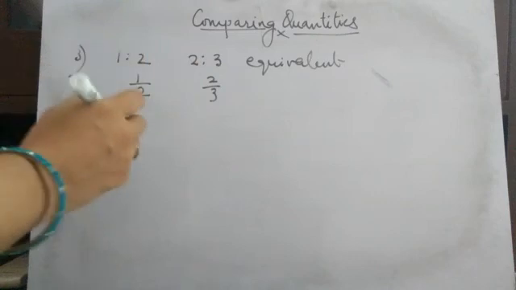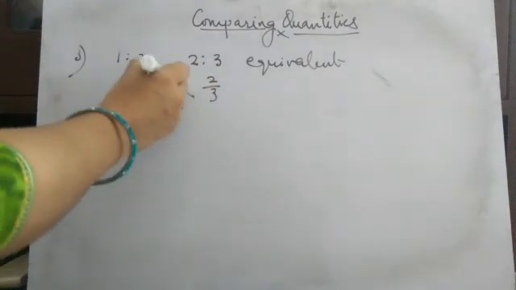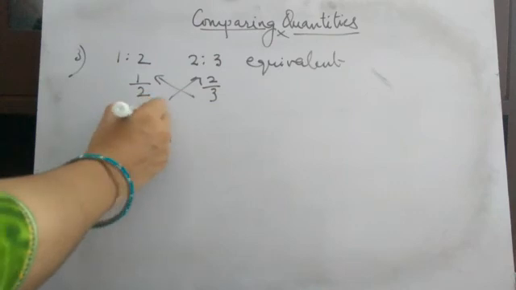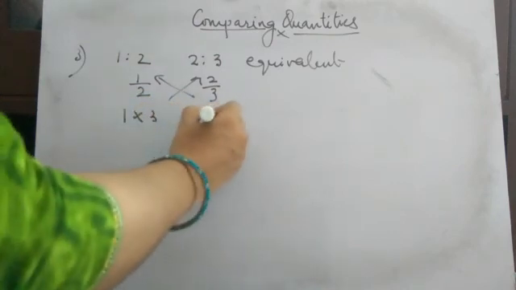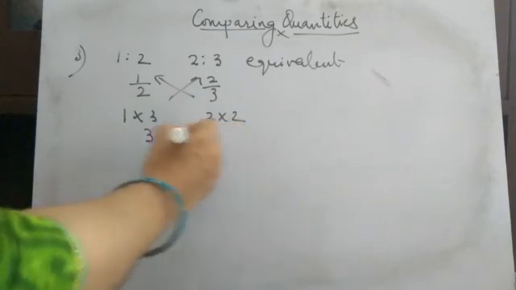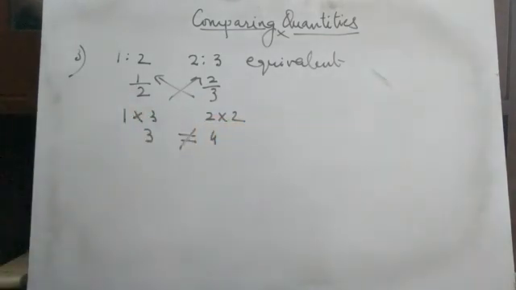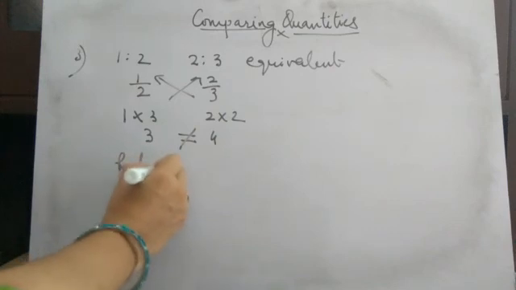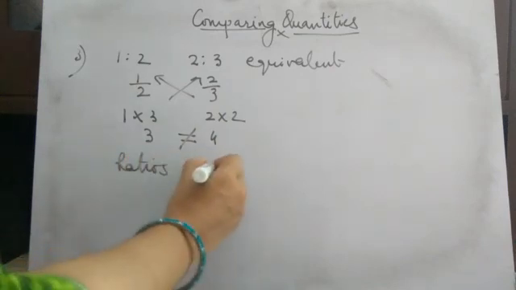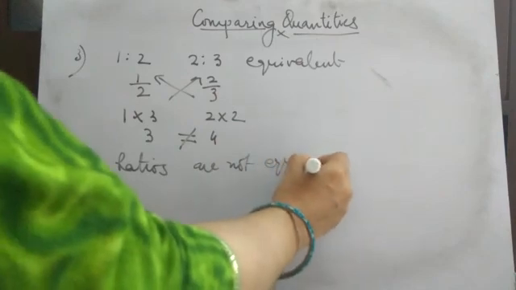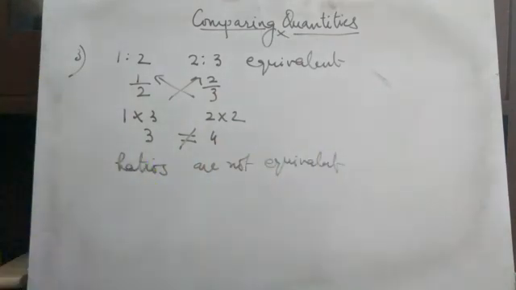We cross multiply, you remember. So same here also you can do. So this is 1 into 3 and this is 2 into 2. This is 3, this is 4, and they are not equal. Hence the ratios are not equivalent.